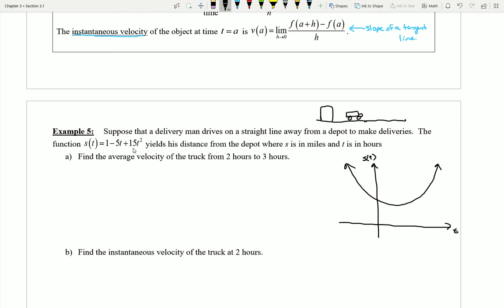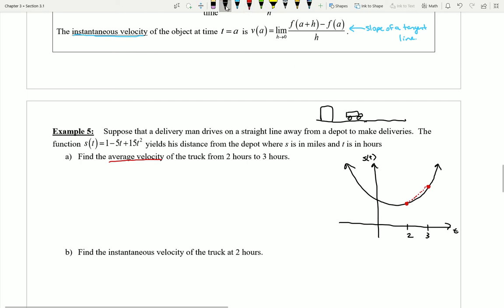I know it opens upwards, with a positive leading coefficient. So I have some picture maybe like this, and I'm interested in the interval from 2 to 3. Picture not to scale. If I'm interested in the average velocity between these 2 points, then I want to find the slope of the corresponding secant line connecting them.